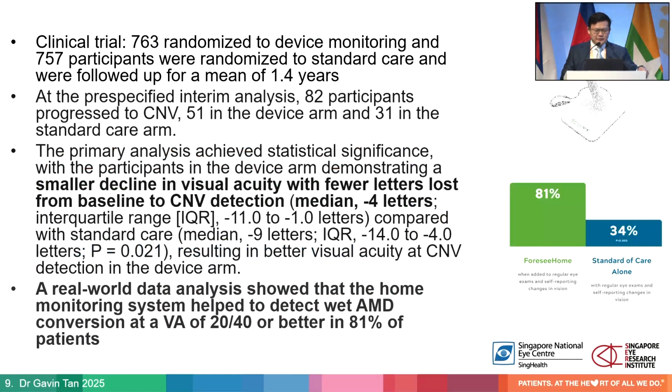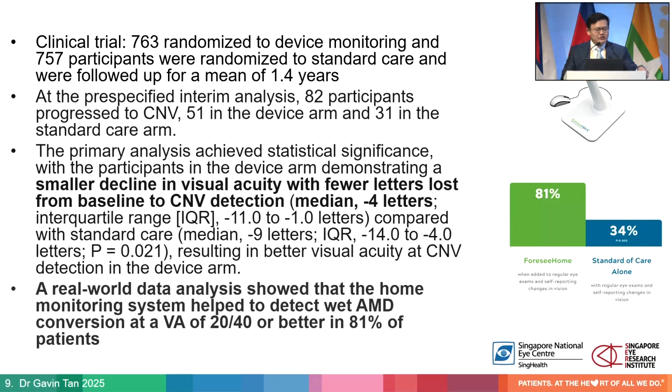In their randomized clinical trial, which had more than 1,500 patients, it was actually abandoned early because at a pre-specified interim analysis, they found 82 patients had progressed to CNV, and there was a significantly smaller decline in visual acuity from baseline to CNV detection in the intervention arm compared to the standard of care arm, and that's why they felt it was no longer ethical to continue.